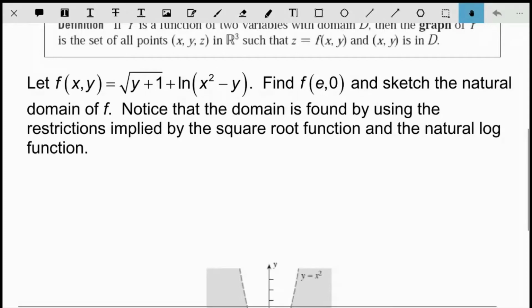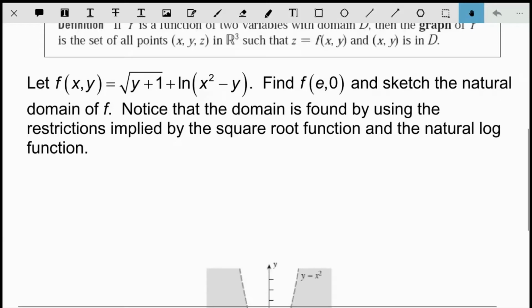Same thing that we would have done when we were working with 2-dimensional calculus. We would look at things from the standpoint of, okay, with the square root, what's possible? I can have anything from 0 and above in my square root.